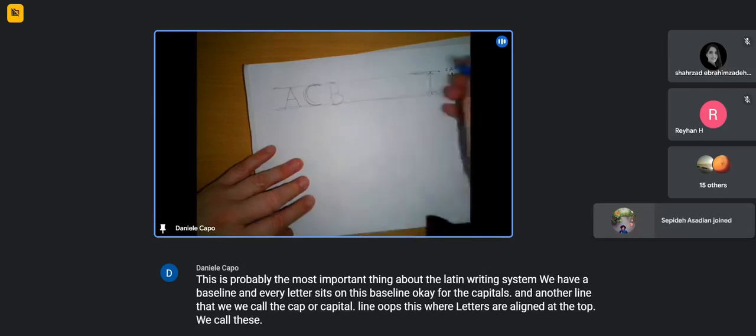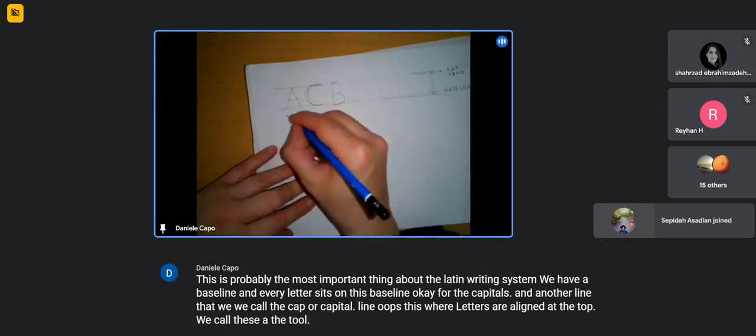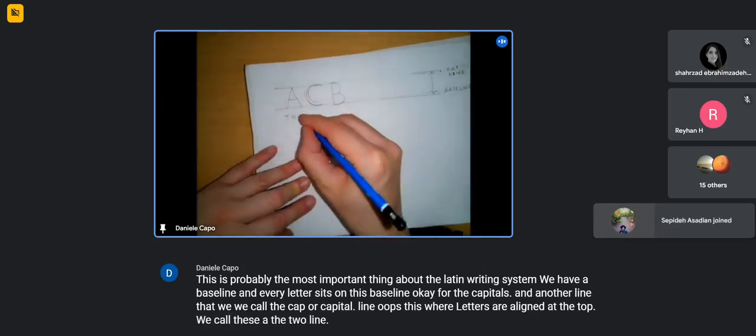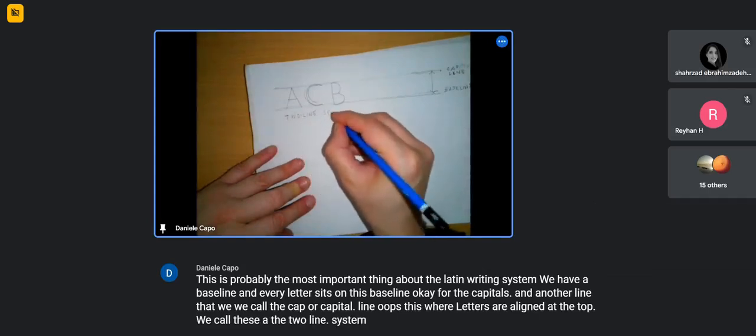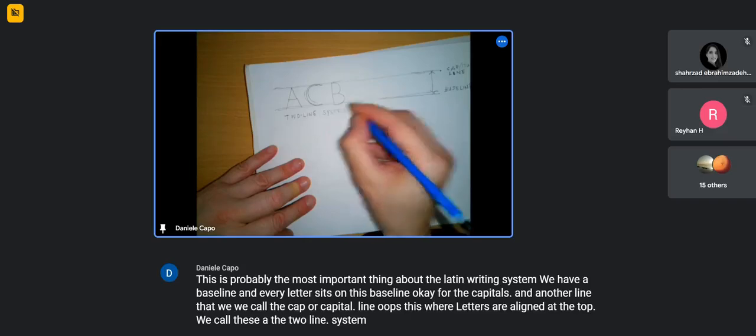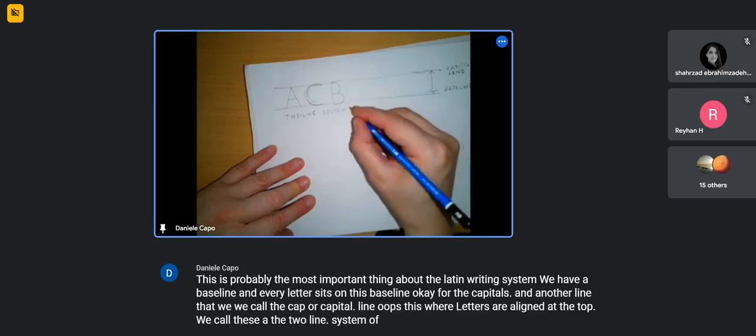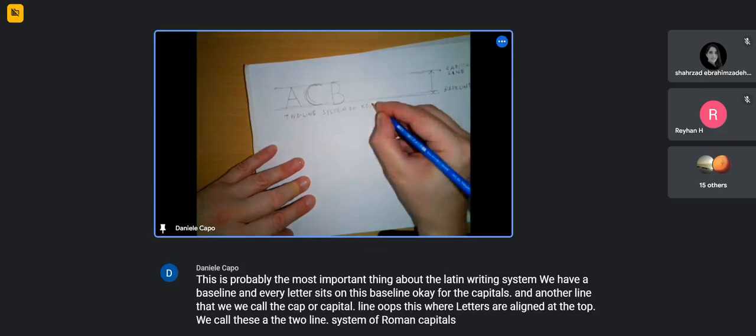We call this the two-line system of Roman capitals.